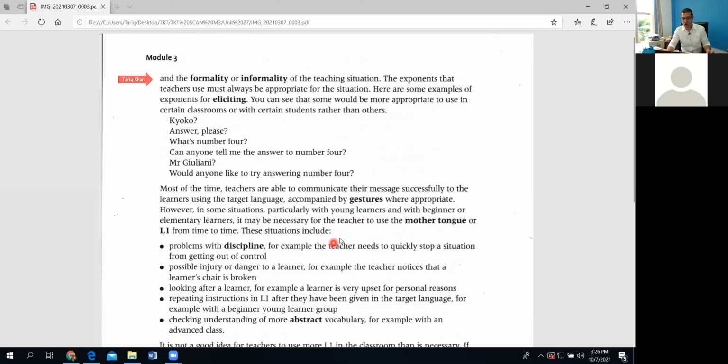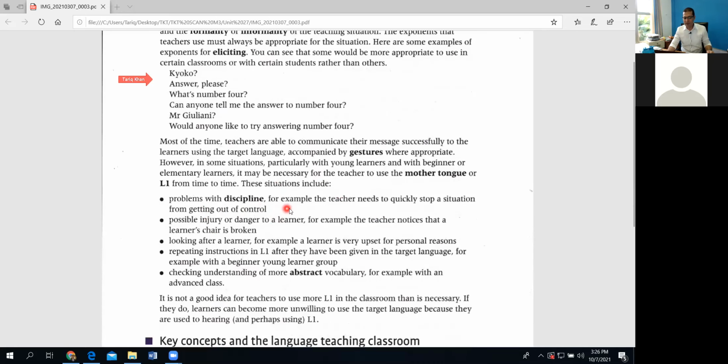Now, usually we say not to use the mother language, but depending on the age and level of the student, there are situations where you are allowed to use the mother language while teaching English in order to make them understand. Those situations are given here. For example, a problem with discipline, where the teacher needs to quickly stop a situation from getting out of control.